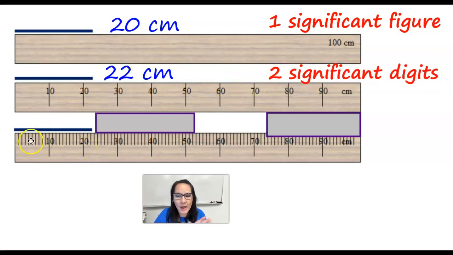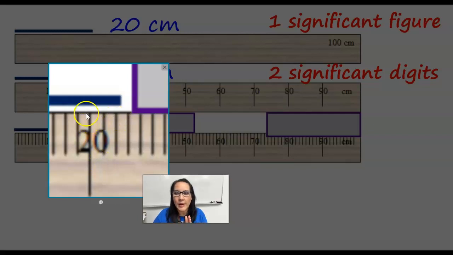Last one, I have more increments provided for me. So I know for sure that it's at least 20, and I know for sure that it's at least 21, 22, it's at least 22, and now notice that I can guess one more digit between these two lines. So this is going to be 22 point maybe 2 or 3. And so that last number, once you have estimated or guessed a number, that's it.